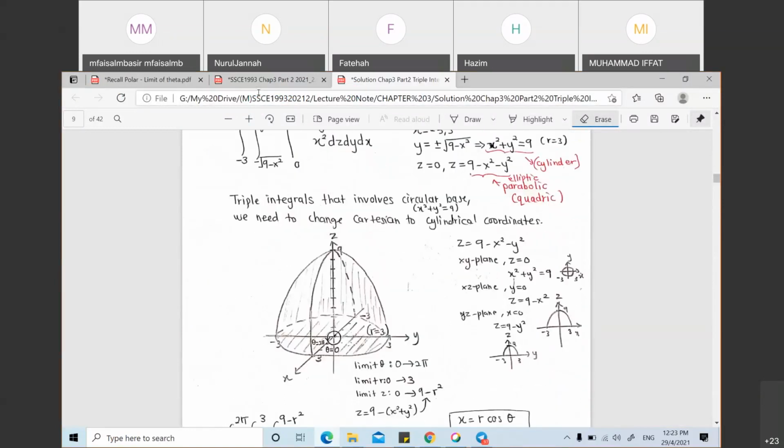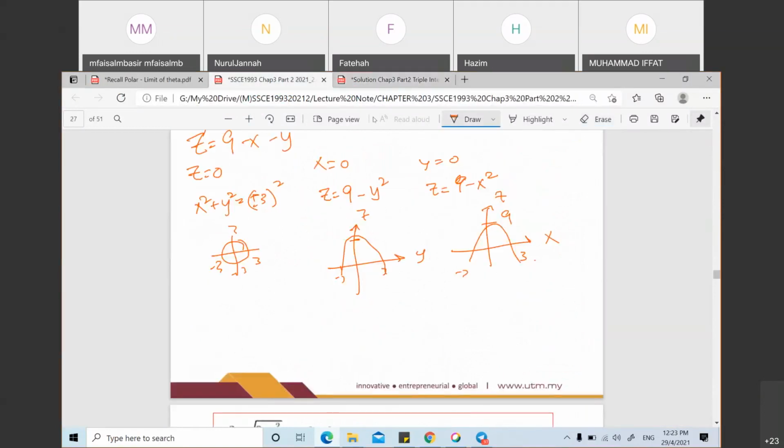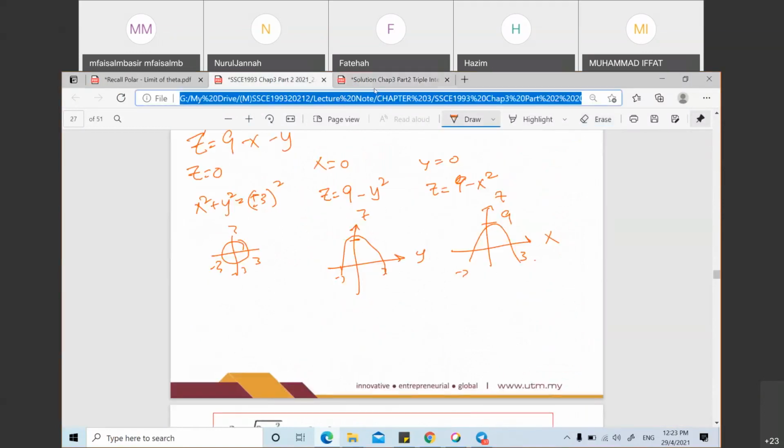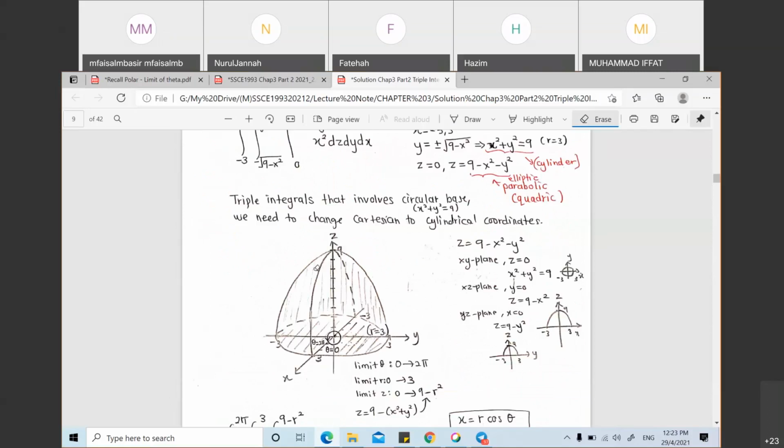So if I merge all this, I will get this. Your y is negative 3 to 3, and your x is also negative 3 to 3. So from here, your r and theta should come from this area. Your r is 0 to 3, and your angle is 0 to 2 pi.